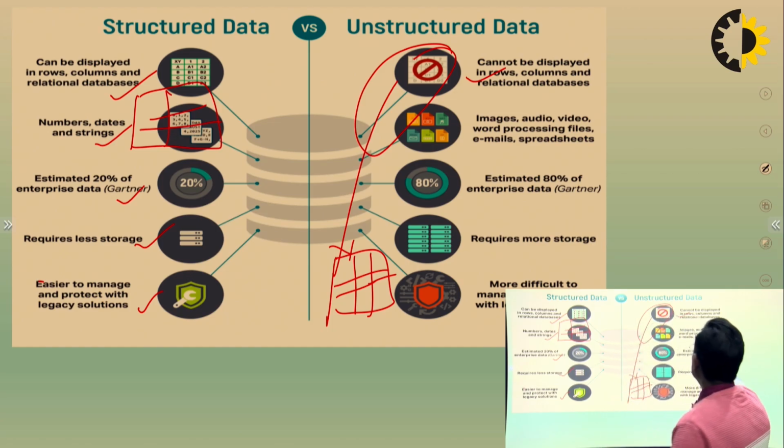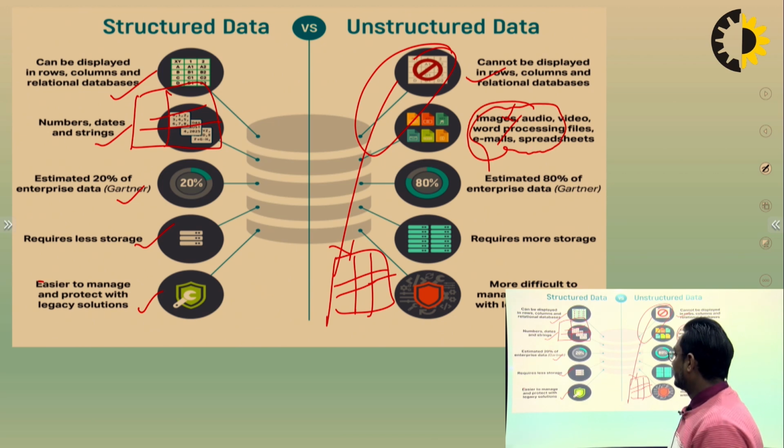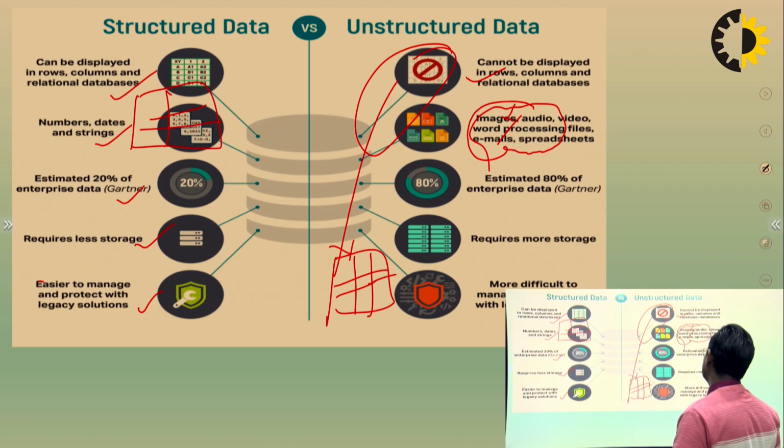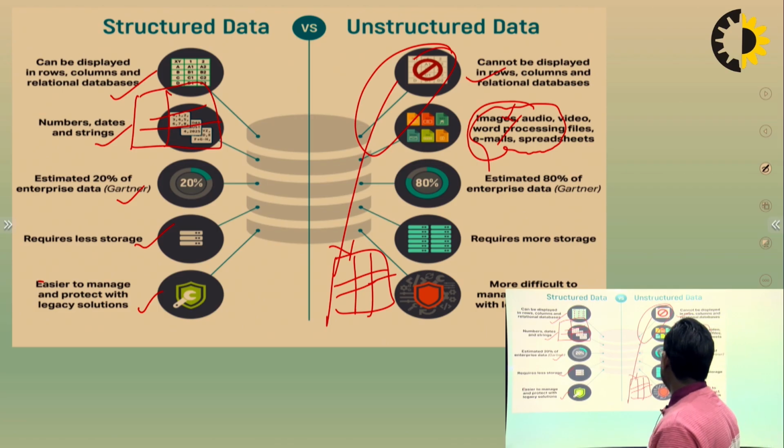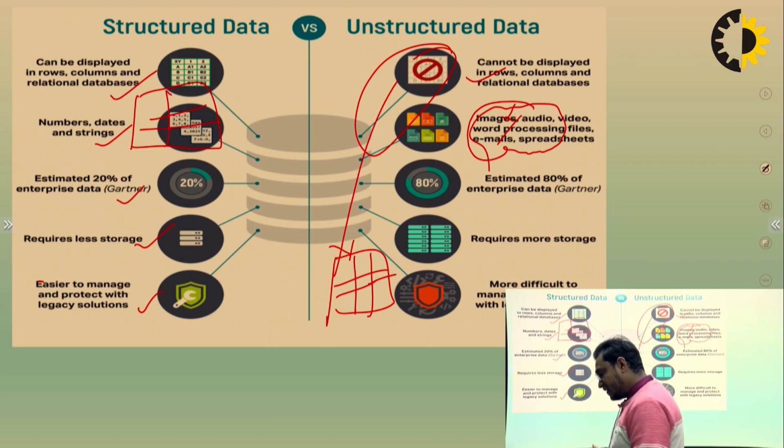The YouTube videos we create or the social media images we create are all stored in an unstructured way. The third point: it is estimated that 80% of enterprise data is in this raw form.